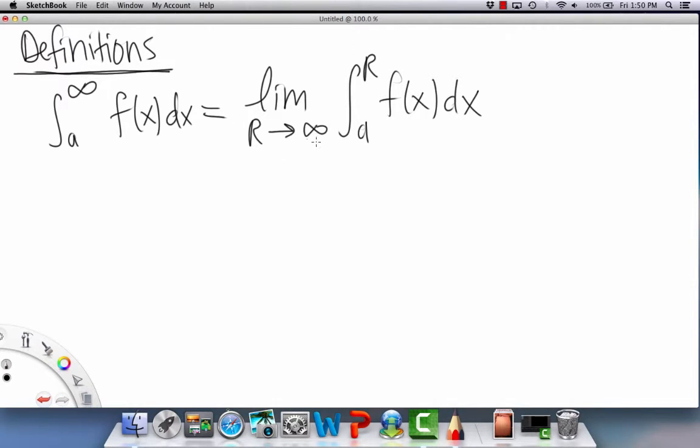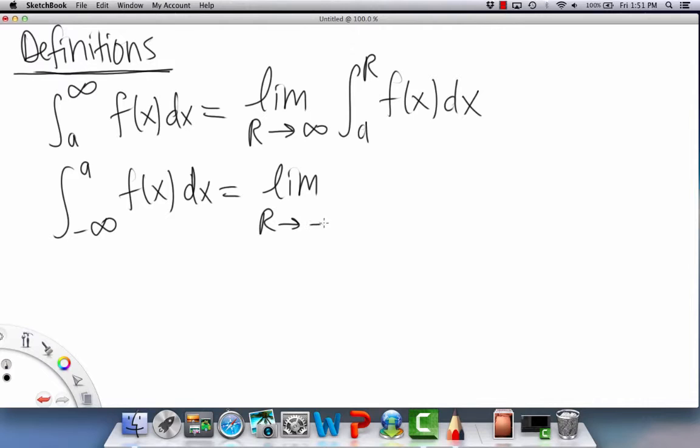On the other hand, we could also be coming from the left, so we have negative infinity going up to a certain point. So then our a is at the top. The integral of f of x dx equals, and this is just the opposite way now: r goes to negative infinity, and that spot is on the bottom.